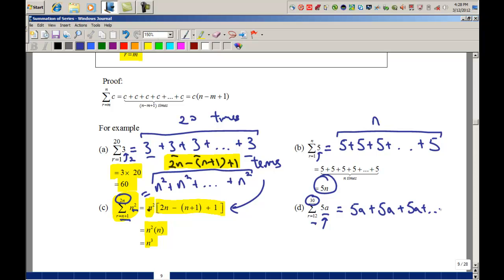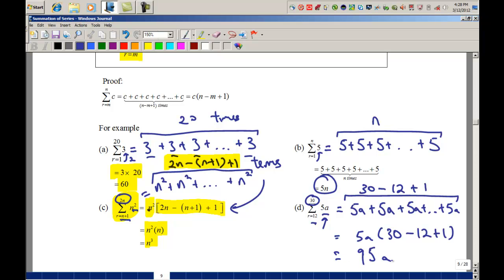Until the last term, 30, also 5a. So how many terms are there here? Upper limit is 30, lower limit is 12, plus 1. So altogether, 5a multiplied by (30 minus 12 plus 1), and that gives you 95a. Done.